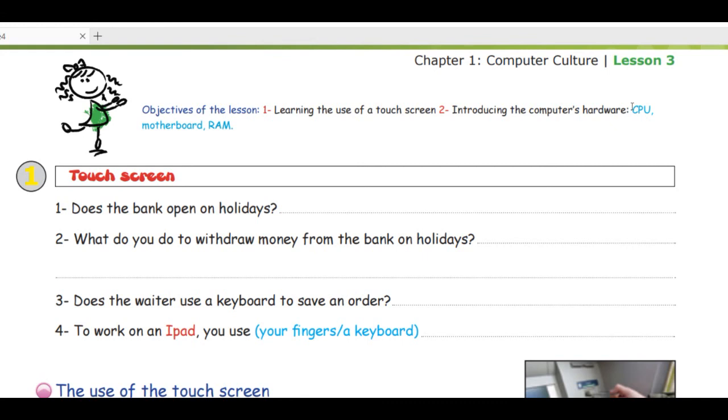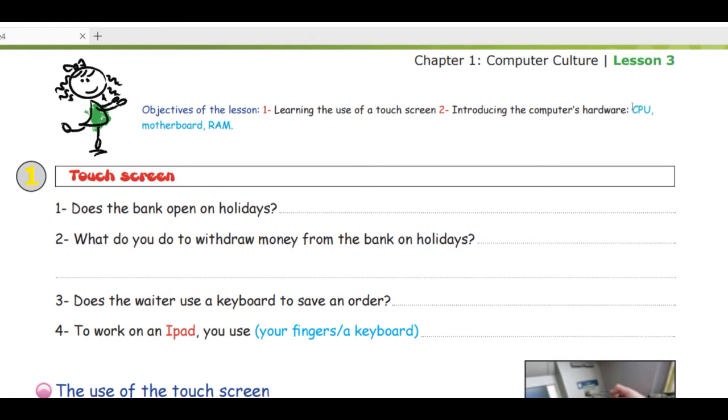So we have lots of examples, and then you pass to another question: where do I find touch screens? Other than the house, of course. So students must answer with things like the pharmacy, a restaurant, the ATM machine. So there are lots of examples where touch screens are used.